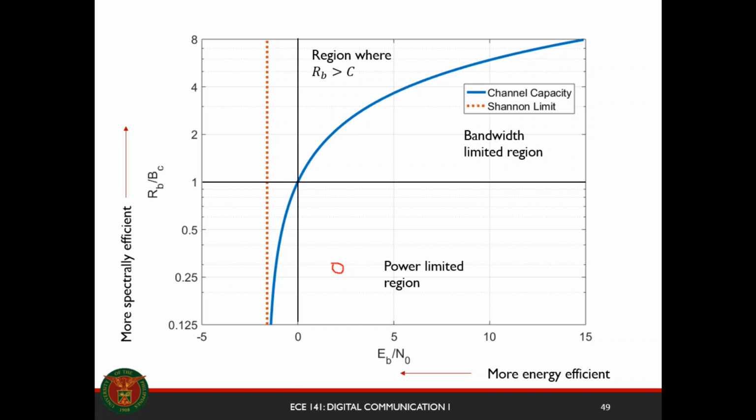So your FSK is somewhere in this region. Again, they haven't even approached the channel capacity. So that's the state of our communication systems right now. We're trying to get nearer to the channel capacity that was derived by Shannon using his information theory. All of our communication systems lie in this region. We have not yet achieved channel capacity ever.